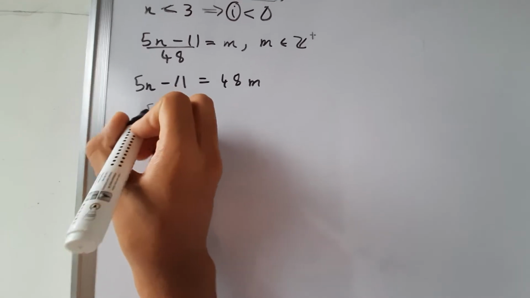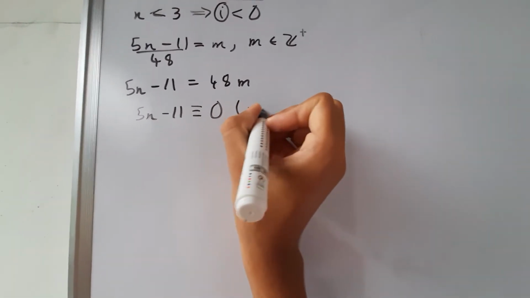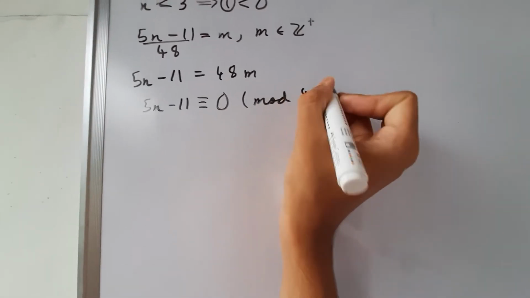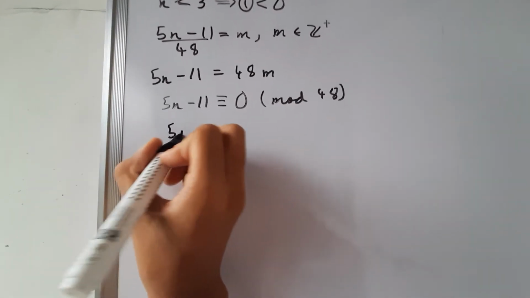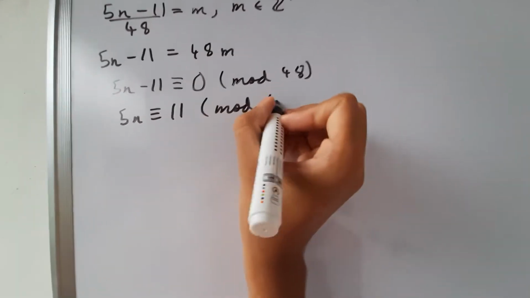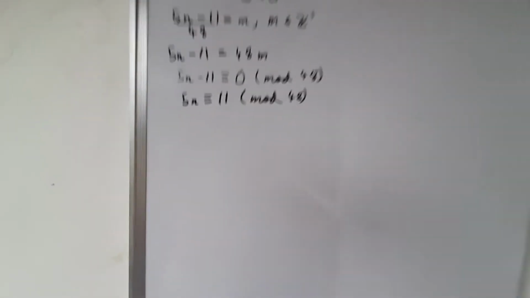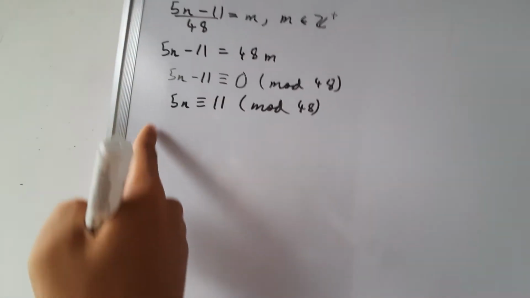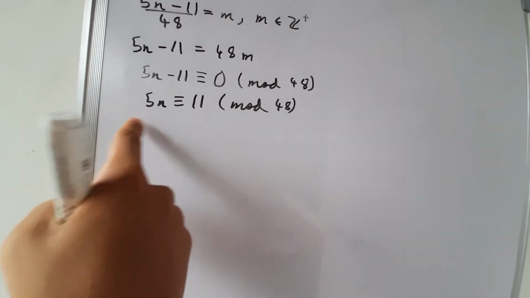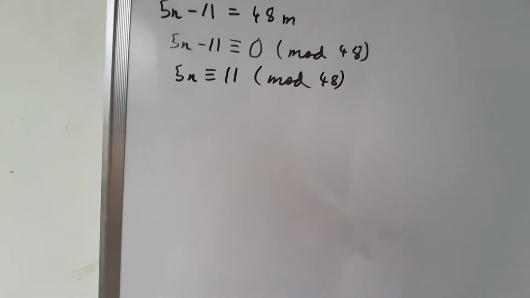So phi n minus 11 is congruent to 0 mod 48, then phi n is congruent to 11 mod 48. Now let's think about this. We want a number such that 5 times that number is 1 mod 48, or minus 1. Minus 1 would be just as nice.